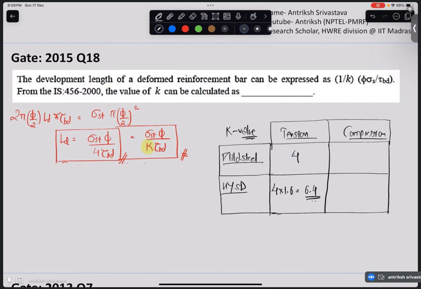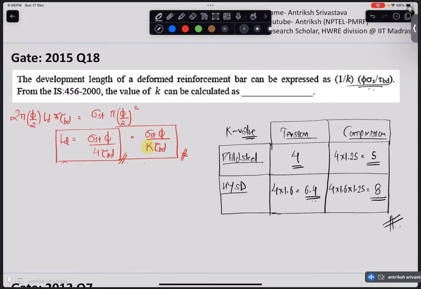So it is going to be 4 into 1.25, that is 5. And in case of HYSD, it is going to be 4 into 1.6 into 1.25, that is nothing but 8. So these are the values of K according to this particular question.